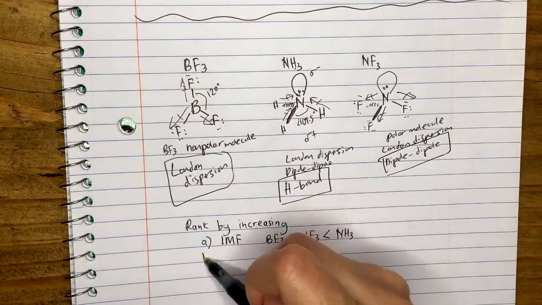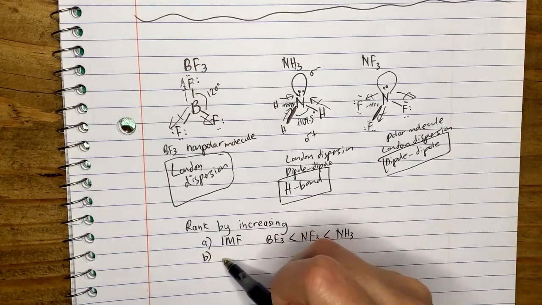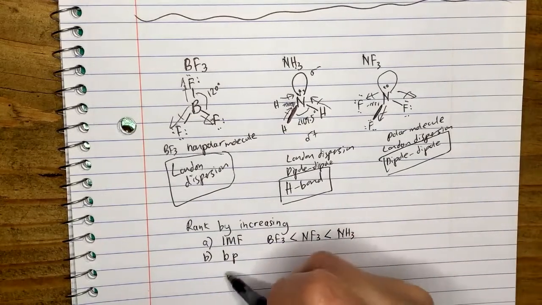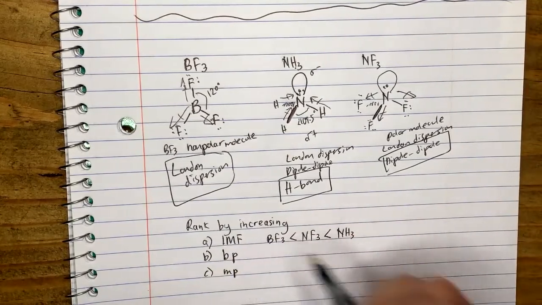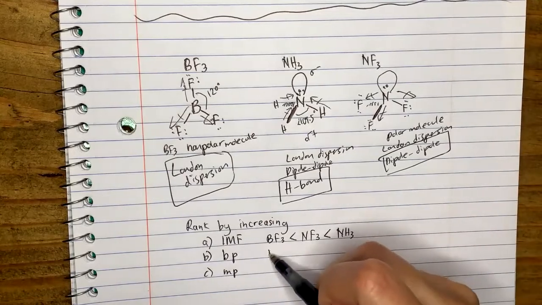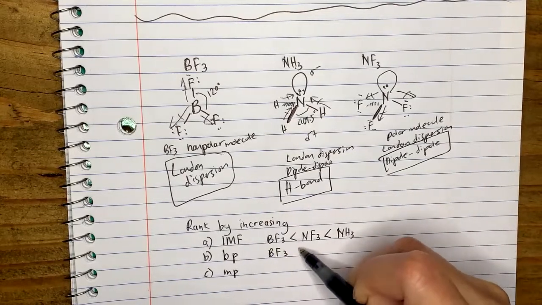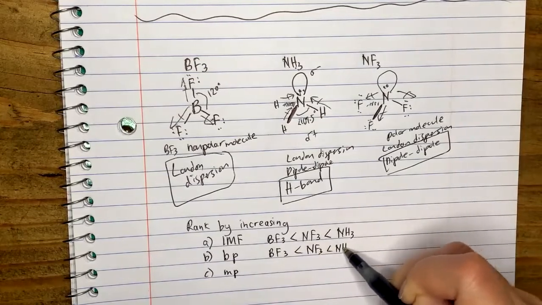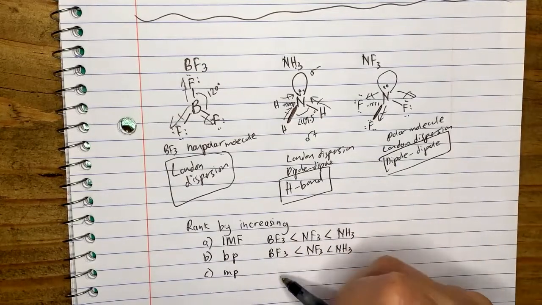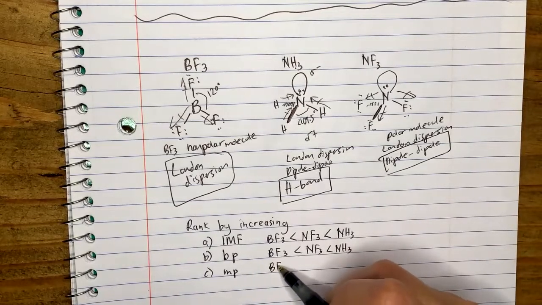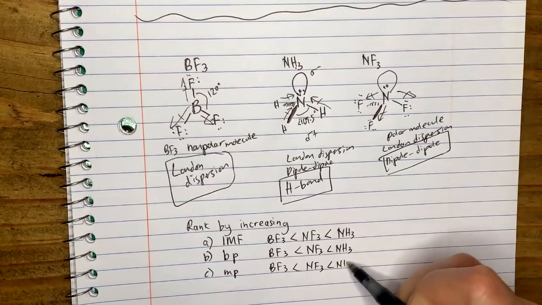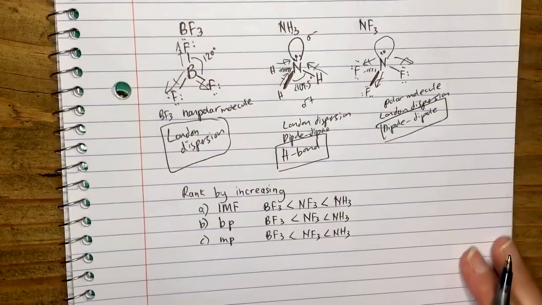Because it's increasing intermolecular force, we get increasing boiling point, same trend, right? Increasing melting point, it will be the exact same trend. So go ahead and write it. Boiling point, the lowest one will be BF3, and then NF3, and then NH3. And if I ask for a melting point, I could do the same thing, BF3, and then NF3, and then NH3. So I can ask you increasing, I can also ask you decreasing.